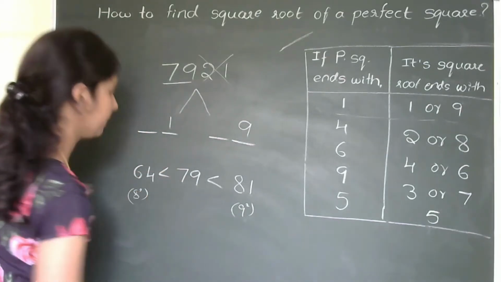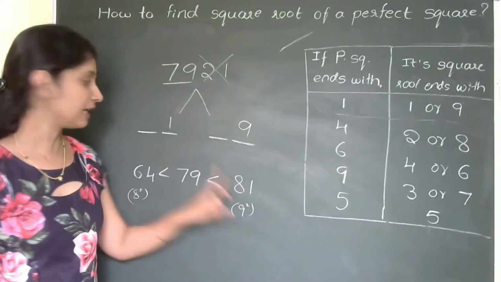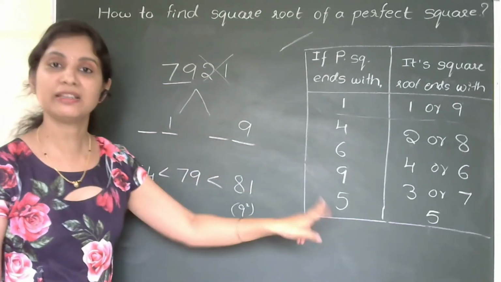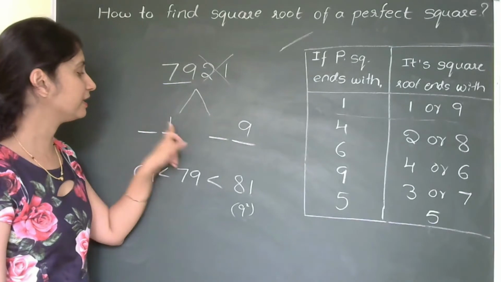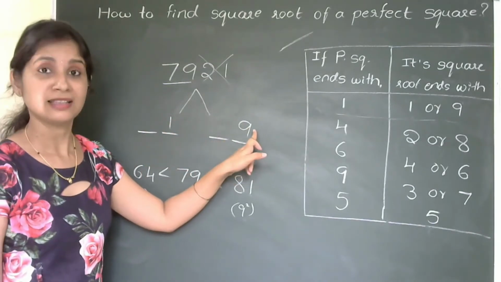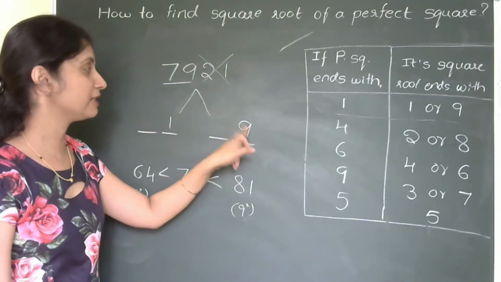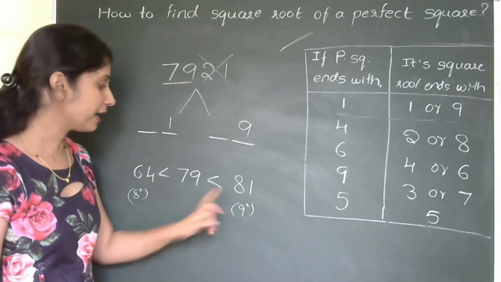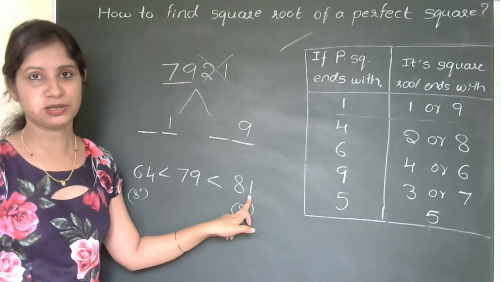If I consider 9 here, what happens? It exceeds 81 because it becomes 91 or 99, and 91 square and 99 square must be bigger than 7921. So I can't consider the bigger value here.